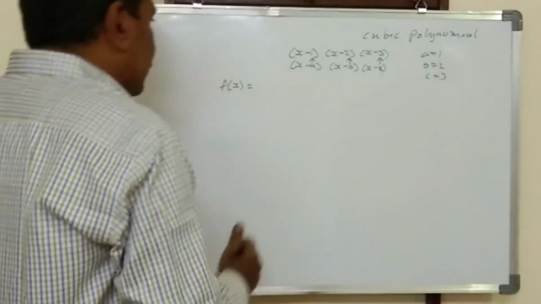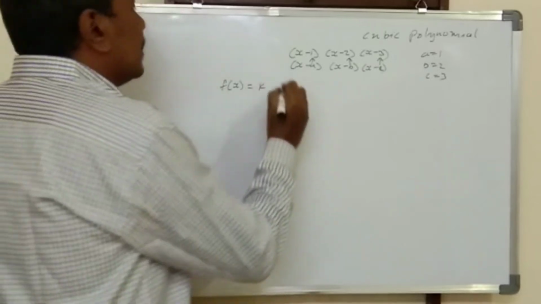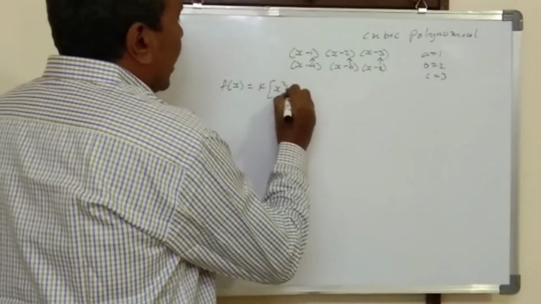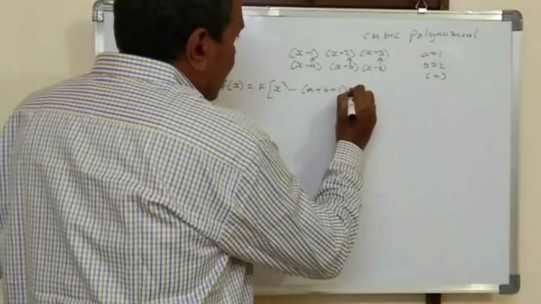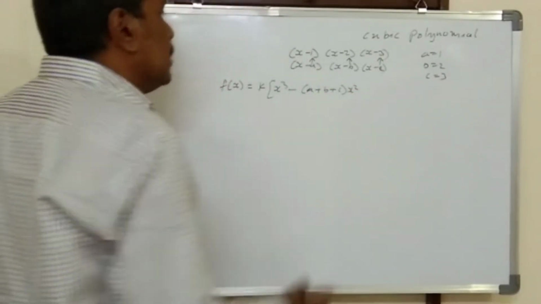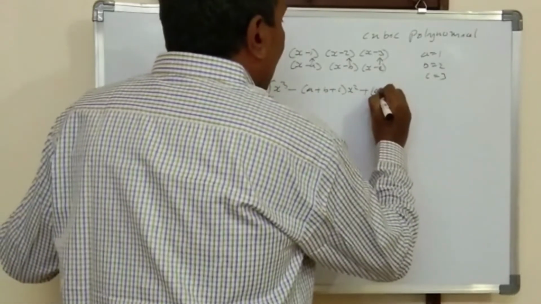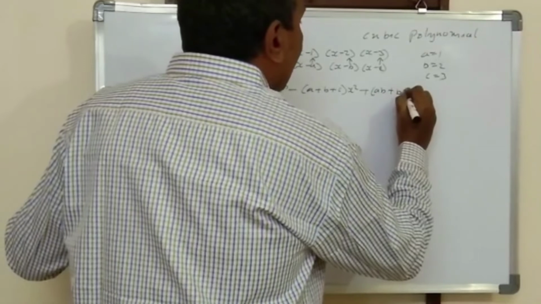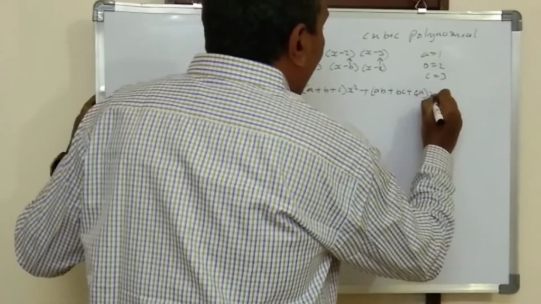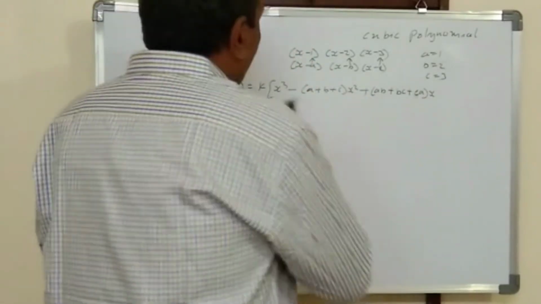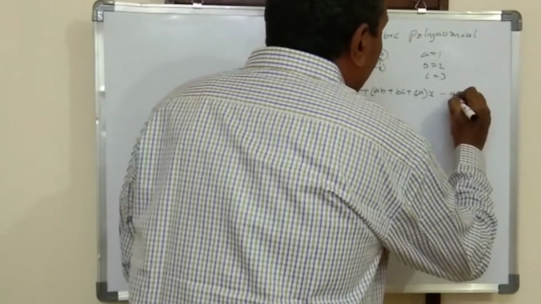Once again, we write the generalized structure: k into (x cube minus (a plus b plus c) of x square plus (ab plus bc plus ca) of x minus abc).